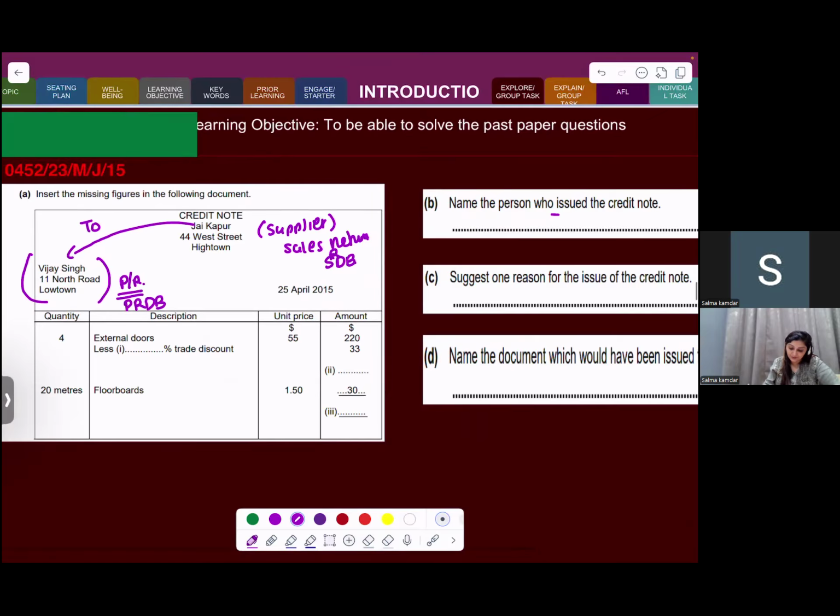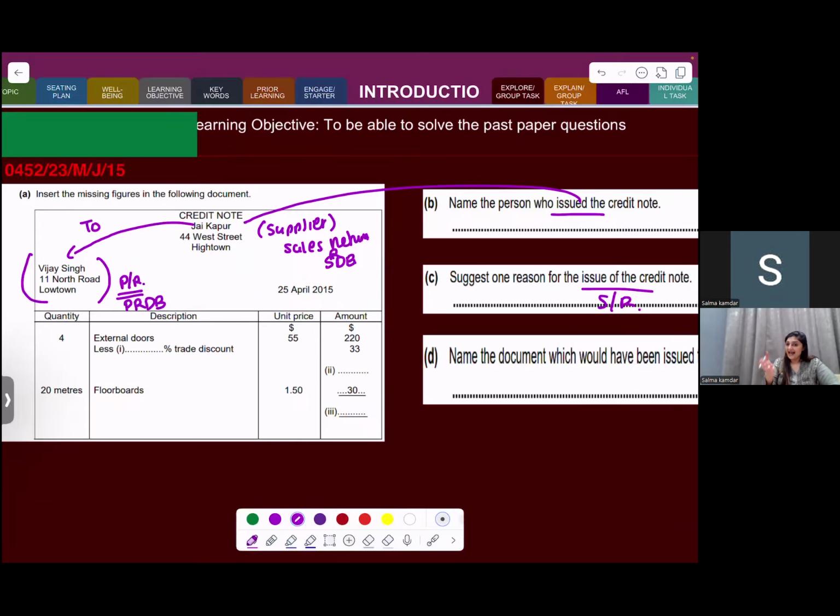Why he issued the credit note? Because there might be a sales return. Named document would have been issued to request a credit note. Maybe Vijay Singh has first issued a debit note to Jai Kumar. He issued a debit note to Jai Kumar requesting him that I want to return the goods. Kindly accept my request.